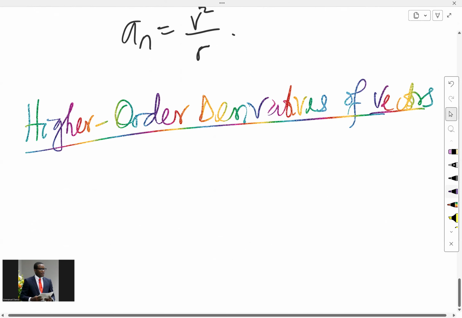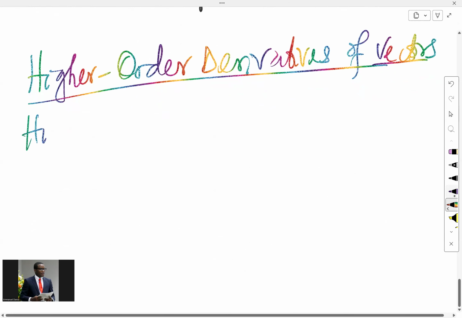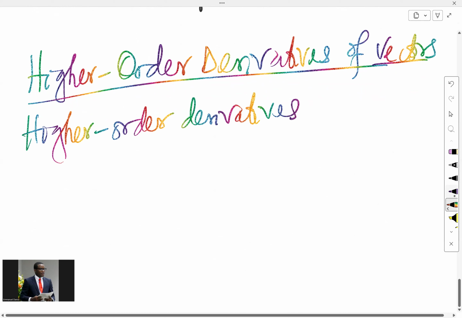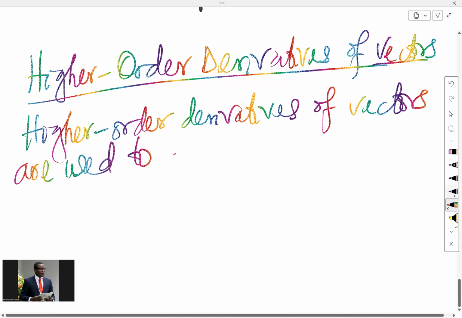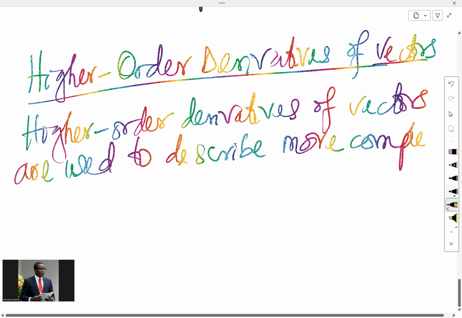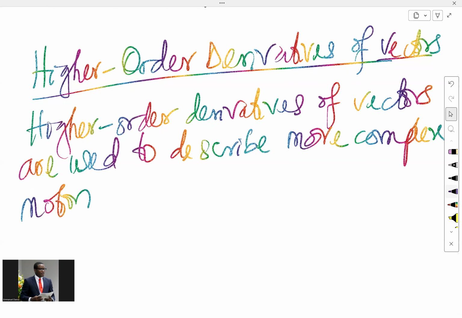Higher order derivatives of vectors are used to describe more complex motion. I'm sure some of these ideas may be new to so many people. So higher order derivatives of vectors are used to describe more complex motion.